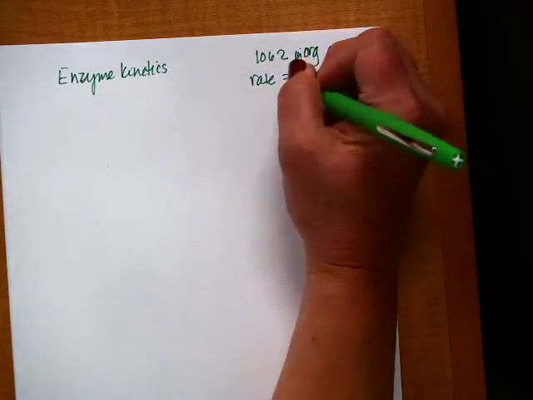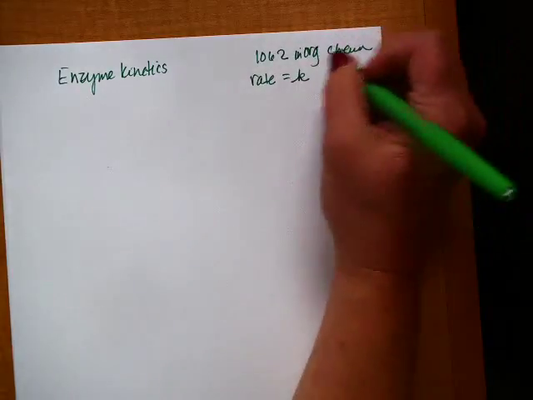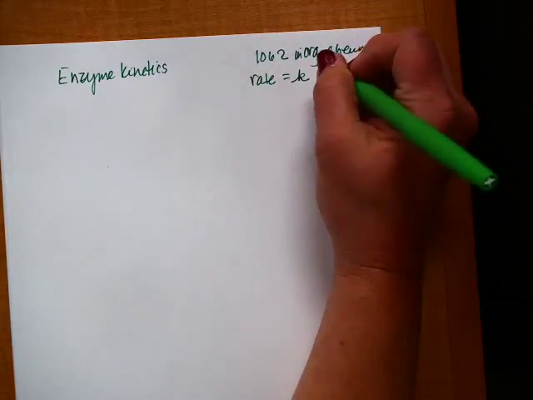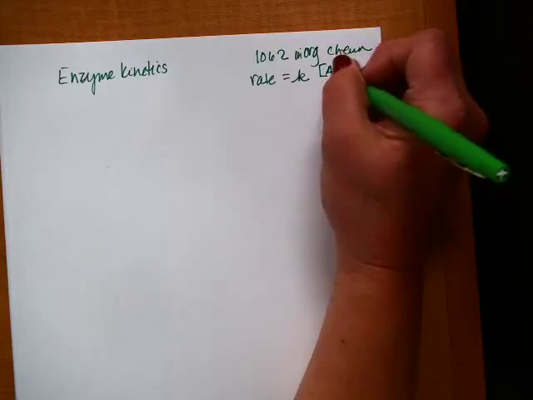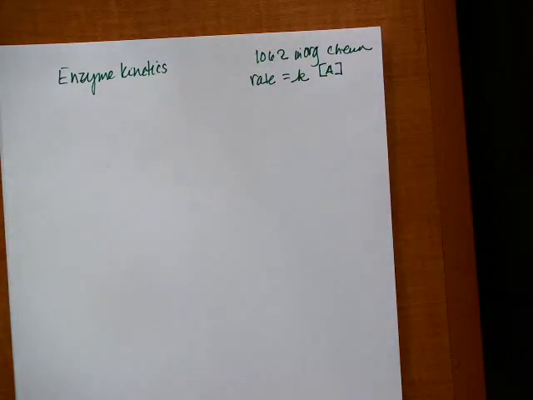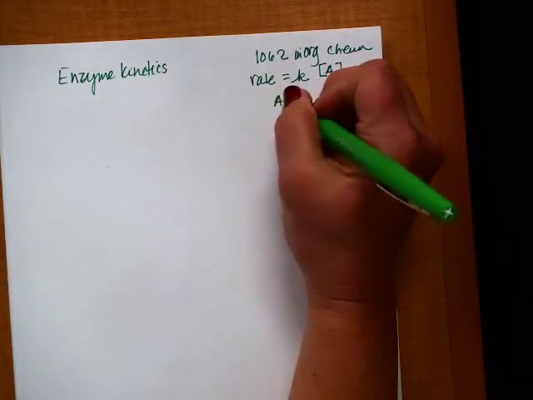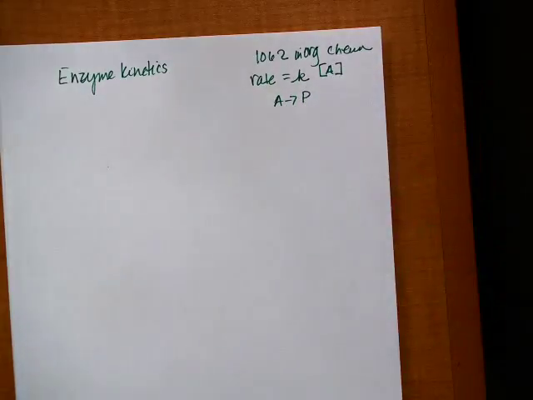You said the rate was equal to k, and I'm going to just say a first order reaction, and these only include reactants. So this would be an example of A going to product. And that's what that looked like in 1062 or Gen Chem 2.